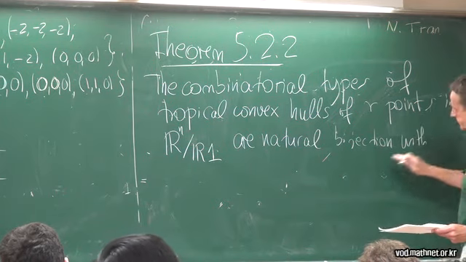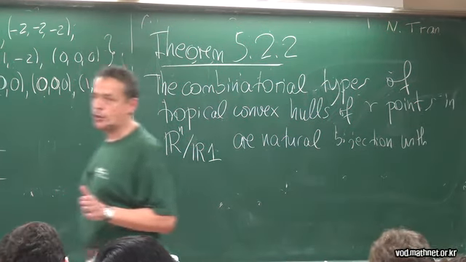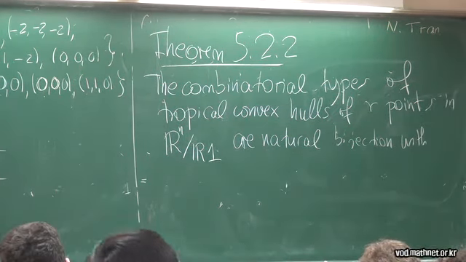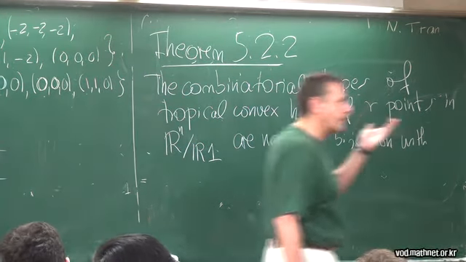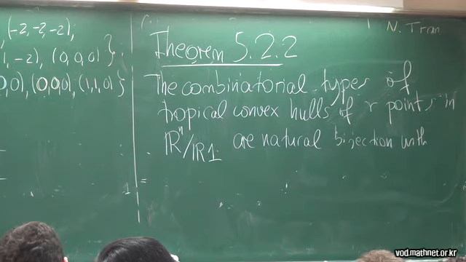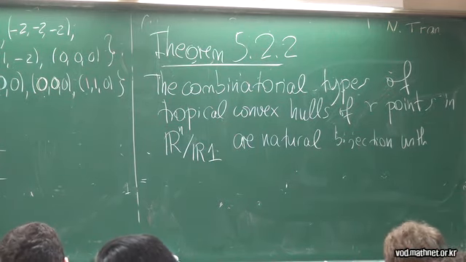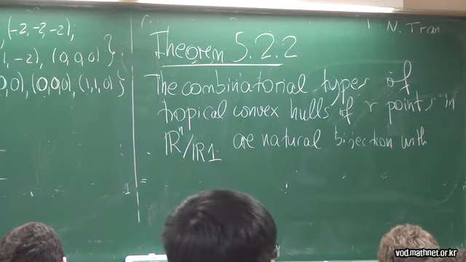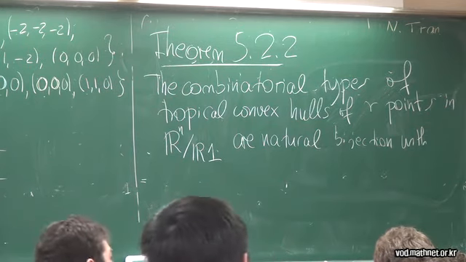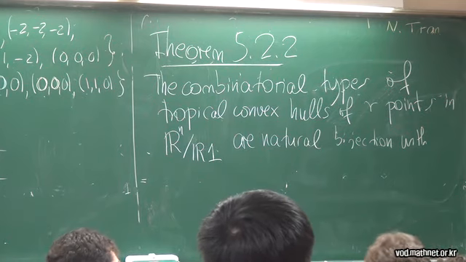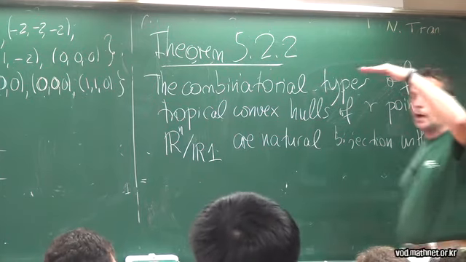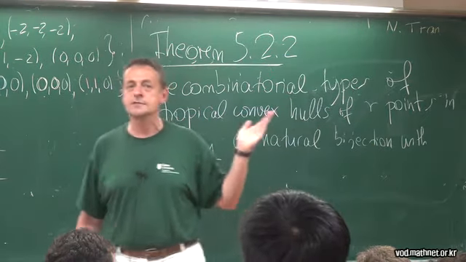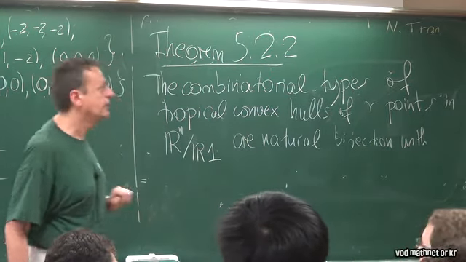Now, what do I mean by combinatorial type? I mean as a classical polyhedral complex. So these things are all tropical triangles, but as a classical polyhedral complex, they're not isomorphic. If you draw the face poset, these are not the same. That clear? There are 6 vertices, 6 edges, and 1 two-dimensional face, with incidence relations. So they have different face posets.